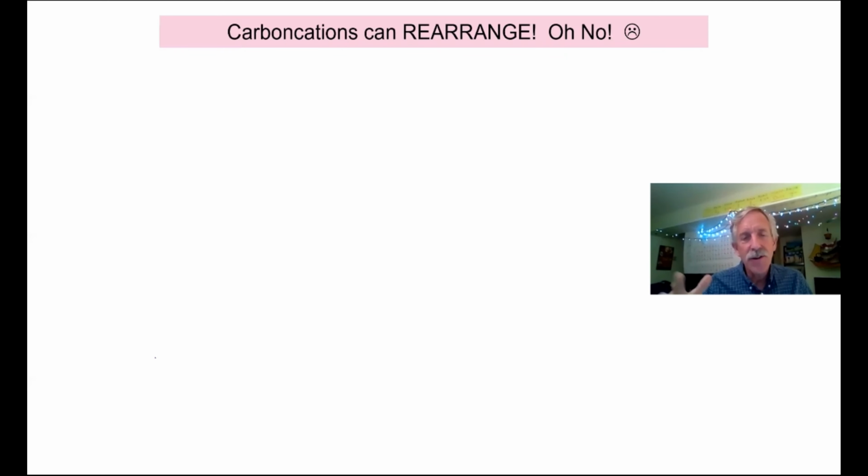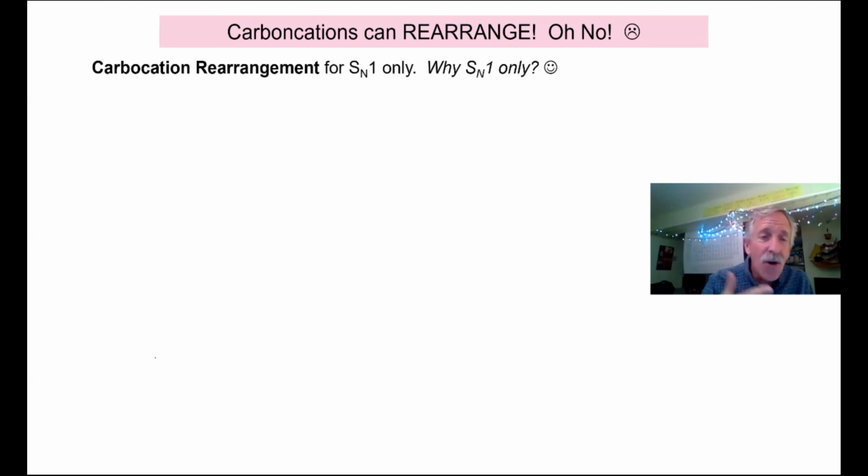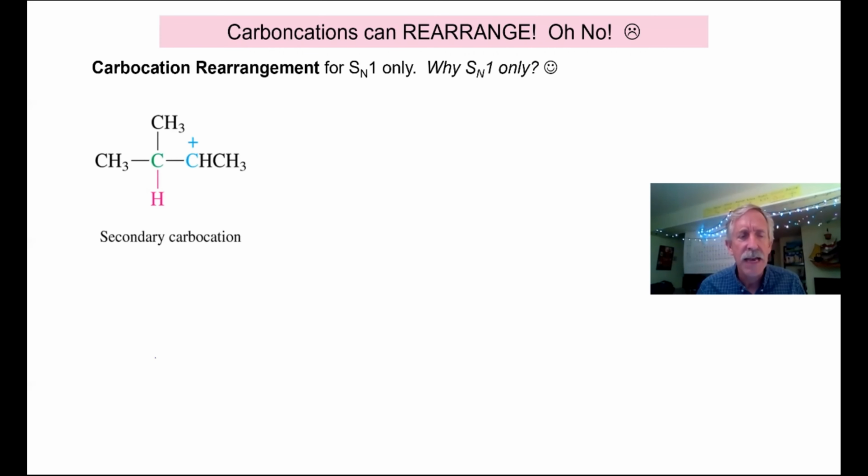If you determine that you have an SN1 reaction, then that carbocation can go to different carbons, and the only reason it can move is because you've done an SN1 reaction that's made a carbocation. If you do SN2, it's all happening at once, backside attack. There's no time or full charge for anything to move. So it has to be SN1 to create this carbocation.